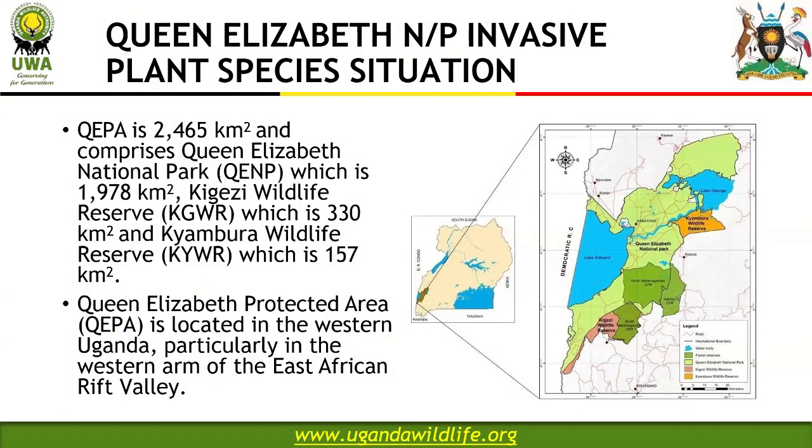It is also located in western Uganda, and this is specifically where it is located, and it borders the Democratic Republic of Congo, and it is also shared by two lakes, Lake Edward and Lake George, and they are connected together by the Kazinga Channel.